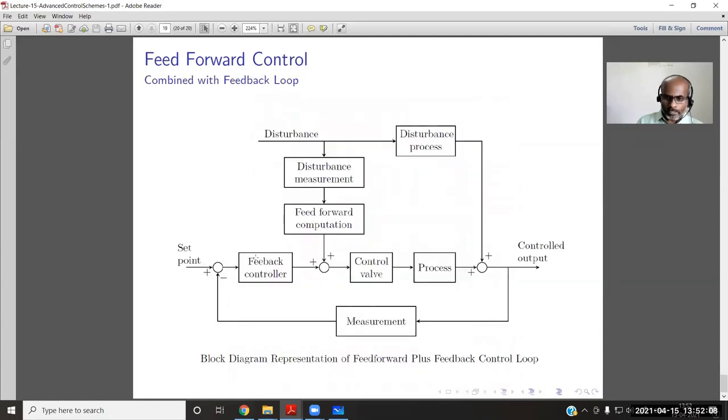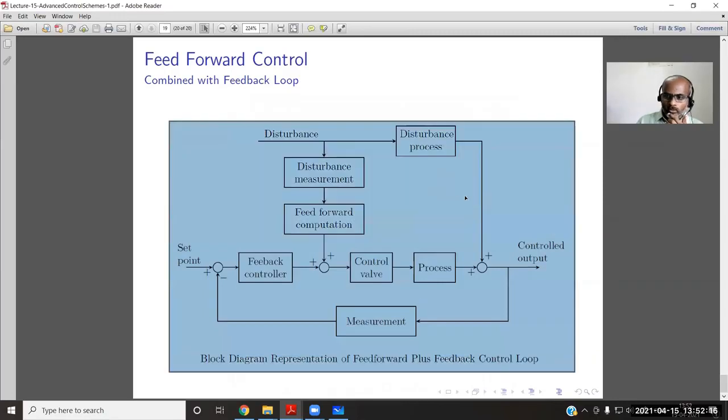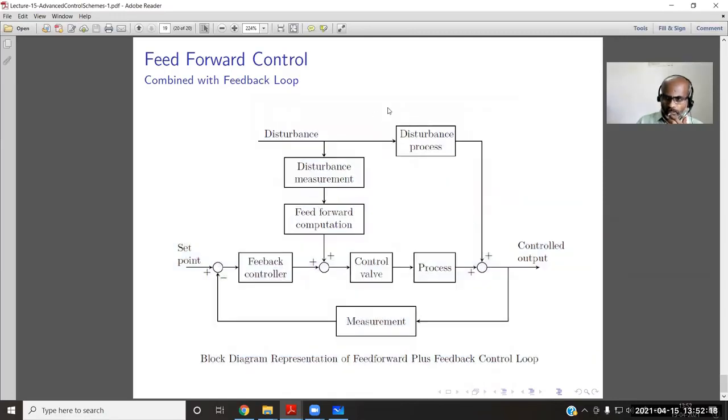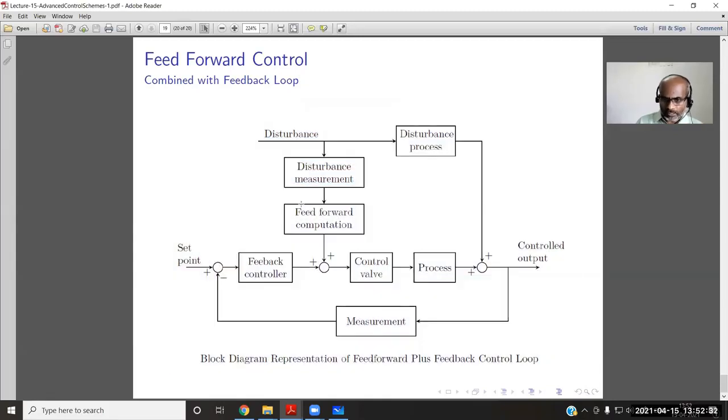Okay, this is the block diagram representation. Say you have this originally. The disturbance will normally enter the process. We don't have the measurement of the disturbance in the case of original feedback, whereas in the case of feed forward, we have the measurement of the disturbance, and how it affects the process is known.